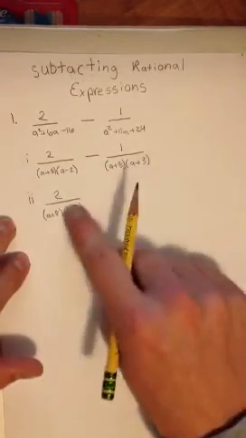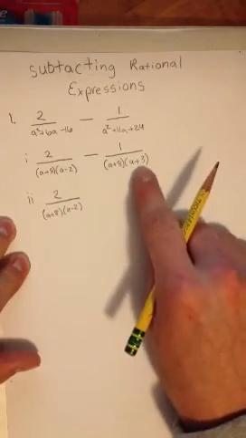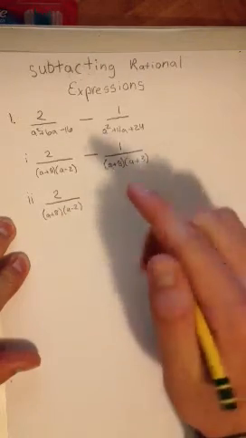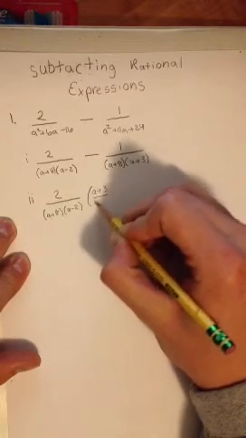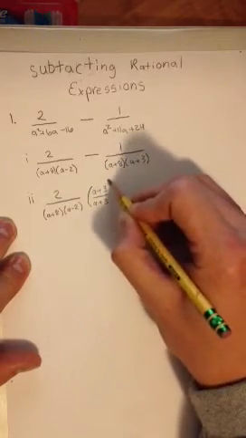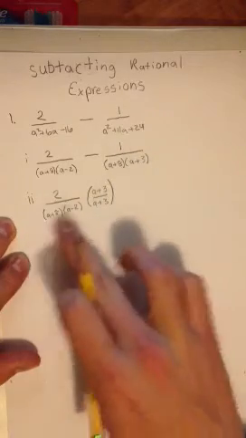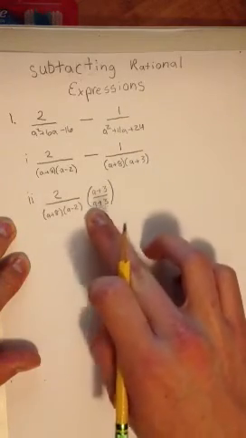So for this side, we're going to multiply by a plus 3 over a plus 3 to make this one the lowest common denominator.